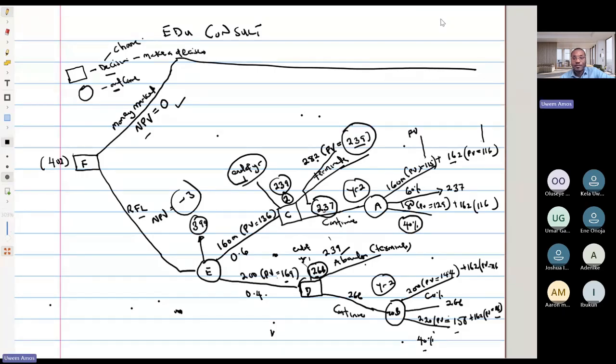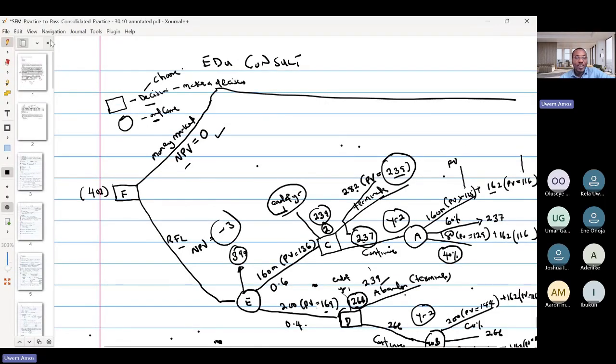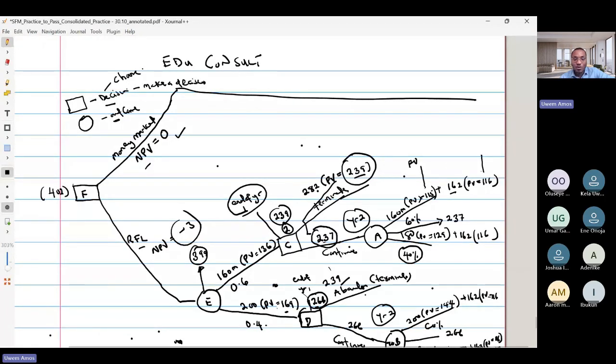Okay, so let's do a 2-minute recap. In every decision tree, you're going to map it from left to right. So we begin from the beginning and then we map it forward. You are going to make use of 2 symbols, and those symbols are very important because if you miss out the symbols, when you are evaluating your answer, you might get it wrong. So you're going to pay attention to the symbols and make use of the right symbols.